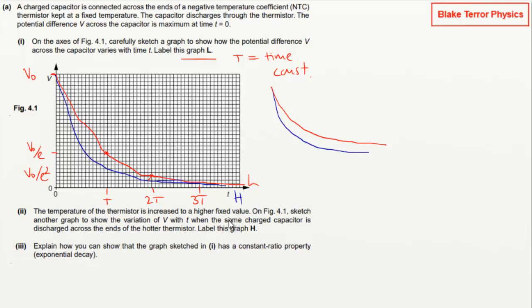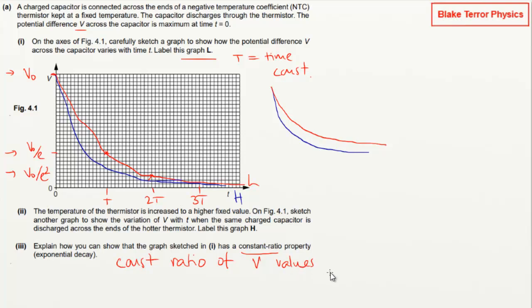Explain how you can show that the graph sketched in L has a constant ratio property, i.e. exponential decay. Well, this is what I was getting at with these labels on the y-axis. We're saying that we've got a constant ratio of V values, since they've called the potential difference V, so we can use that in our answer.